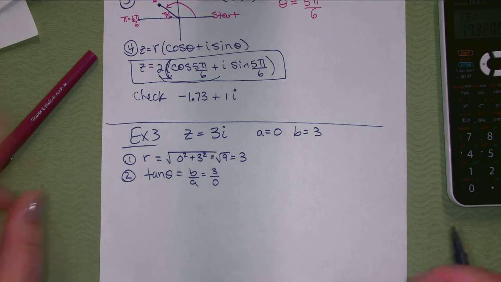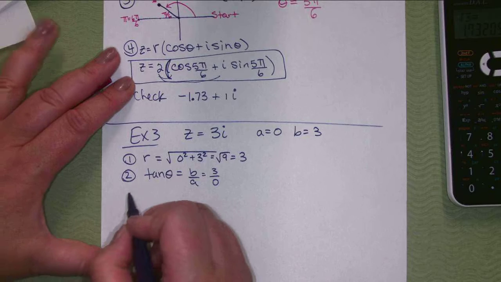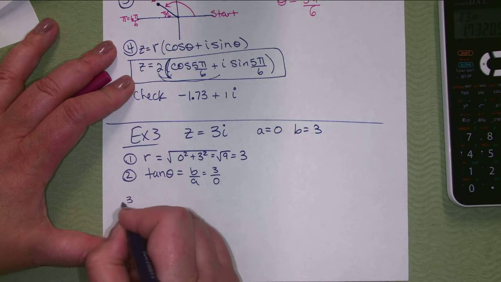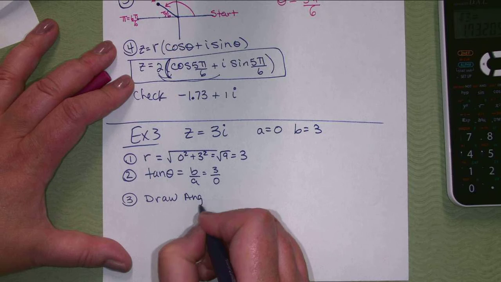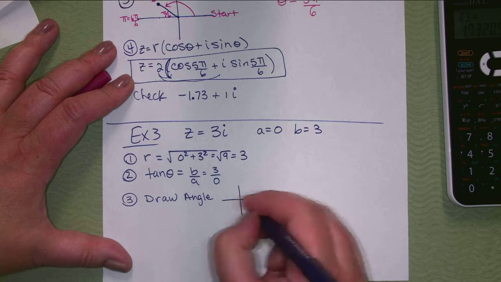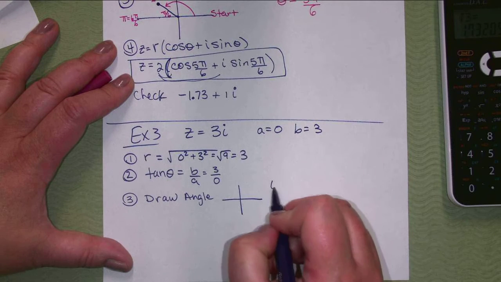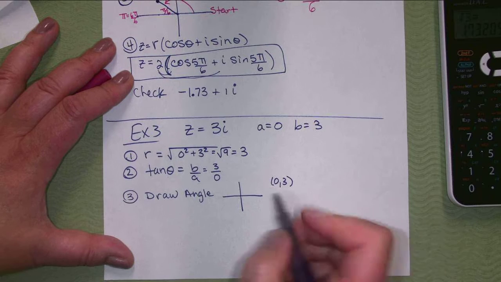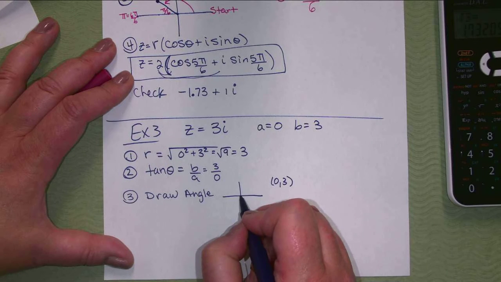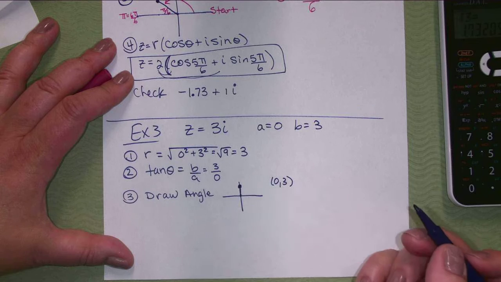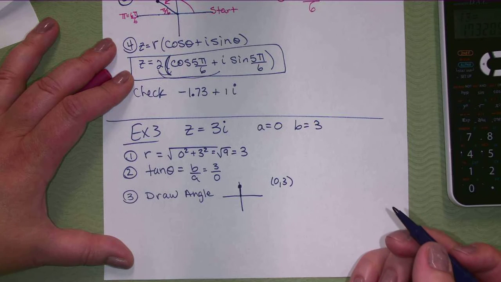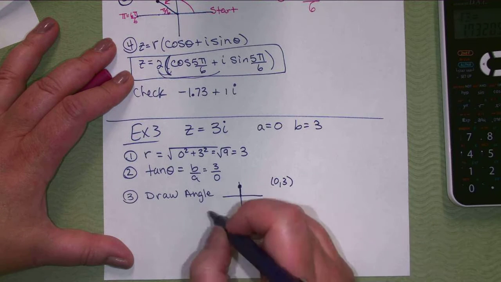If we draw the angle, we will know the angle. If you draw this point, 0, 3, where is that? 0, so we don't go to the left or right, and up 3. So that is the angle, we landed on it. We didn't have to figure it out. What is that angle? 90 degrees is pi over 2.